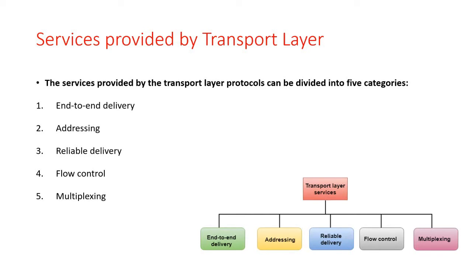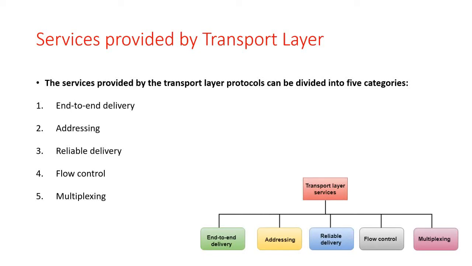If you consider the data link layer, it provides services to only one network, but the transport layer provides services throughout the internet. The data link layer protocol controls the physical layer, while the transport layer controls all the lower layers.